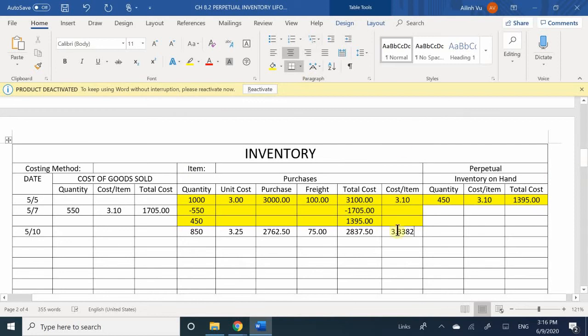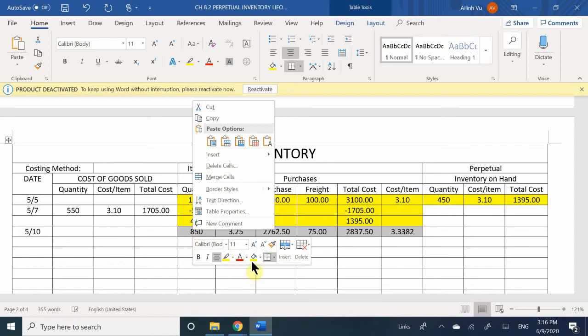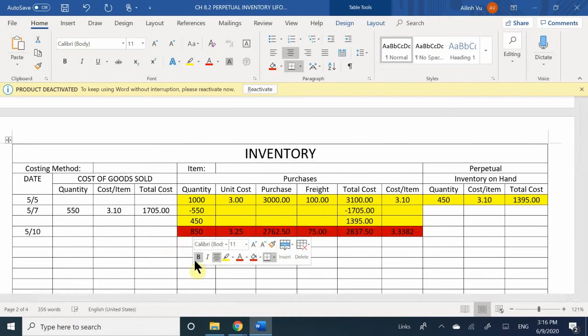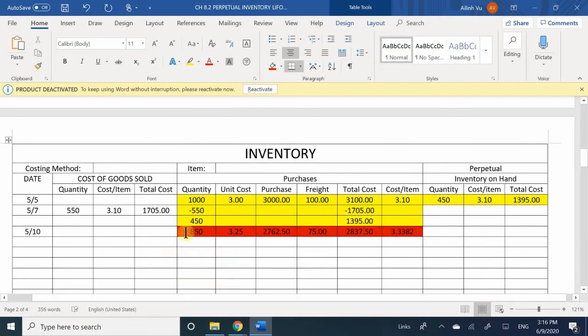So what color are we going to choose today? A dark red. No, that's too dark. Let's go for this red. How about that? Is that better? It's kind of dark, kind of light. Okay, so how much did we add?